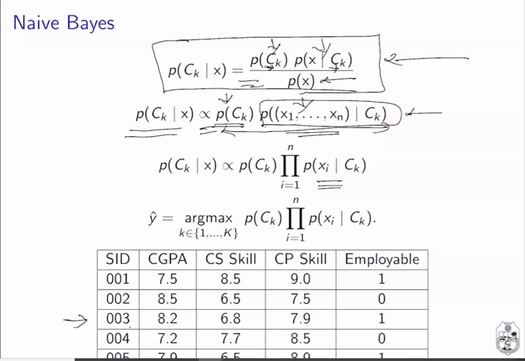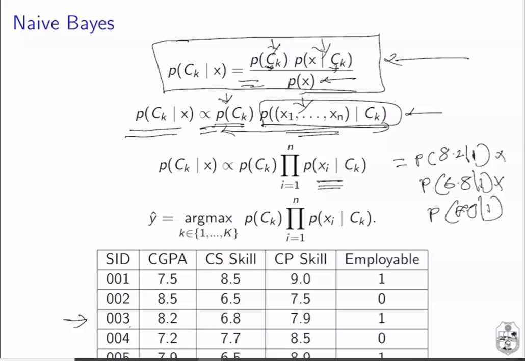In this case, the conditional probability is the multiplication of, suppose we want to calculate the probability for class 1, the probability of 8.2 provided the class label 1, multiplied by the probability of 6.8 provided the class label 1, multiplied by the probability of 7.9 provided 1, and so on.